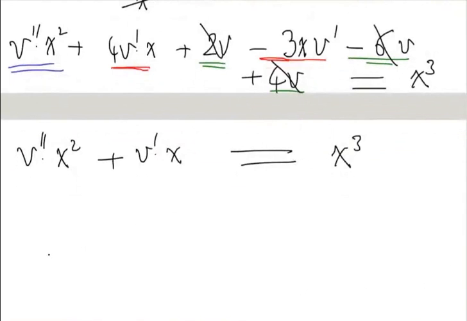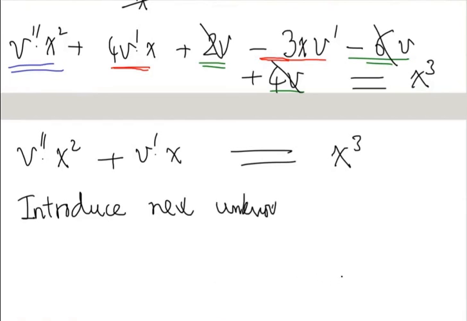Now we have a new equation with unknown v. This is still a second order differential equation. We introduce another new unknown, w equals v prime.